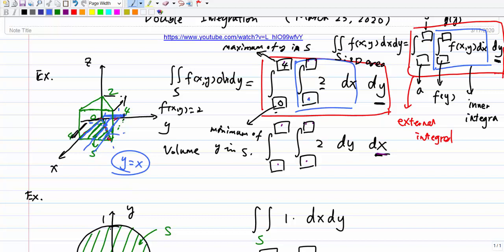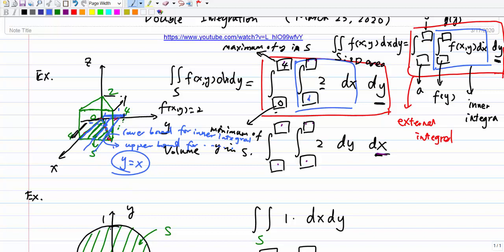Those will determine the lower bound for your inner integral, and this will be the upper bound, also for the inner integral. So essentially for different y's, the lower bound and upper bound can change. Here the lower bound changes, because as y increases, your lower bound also increases linearly with respect to y.